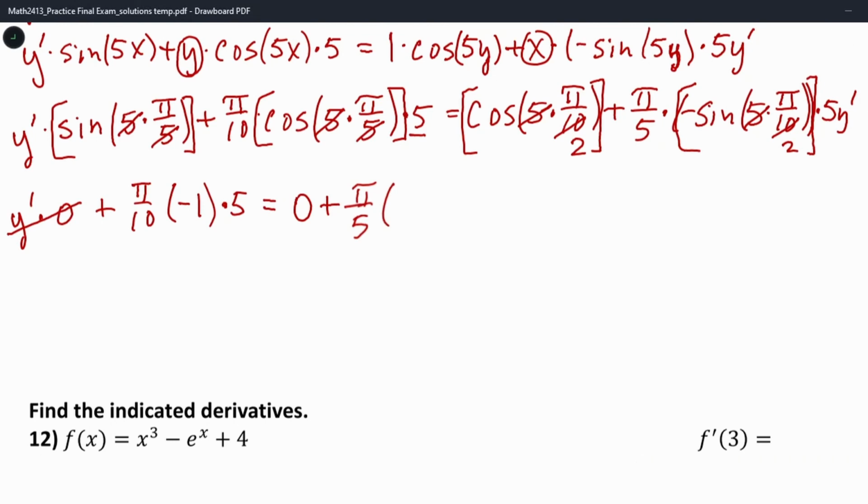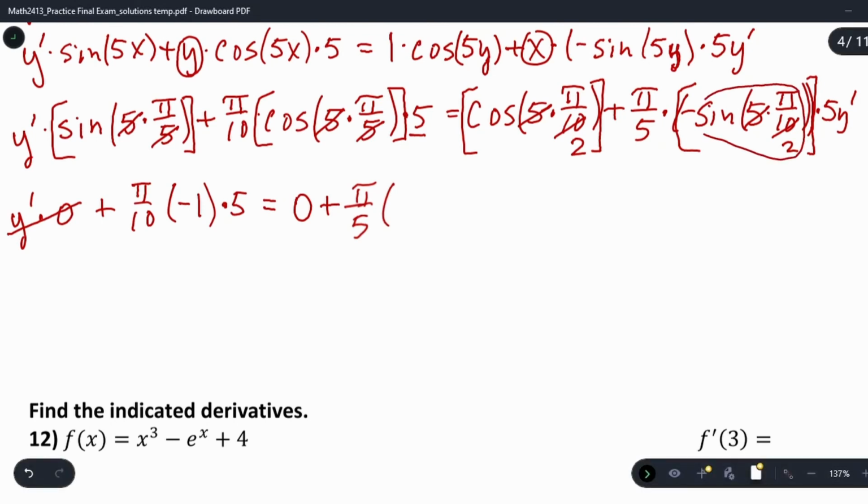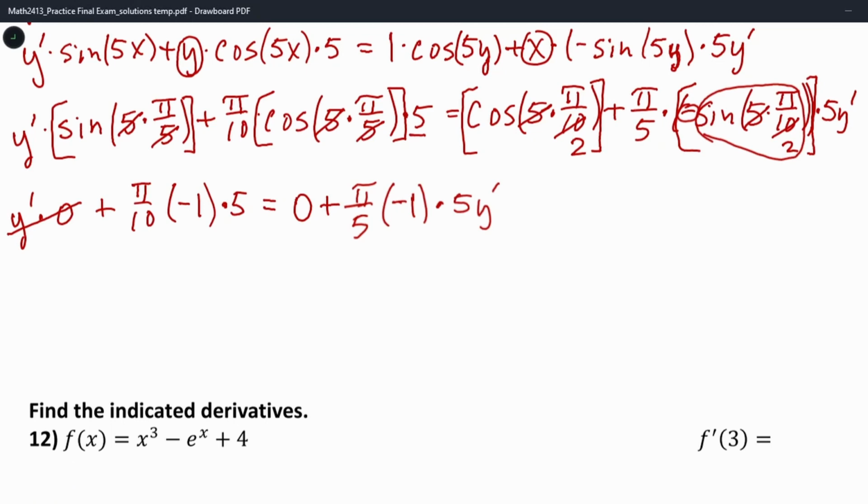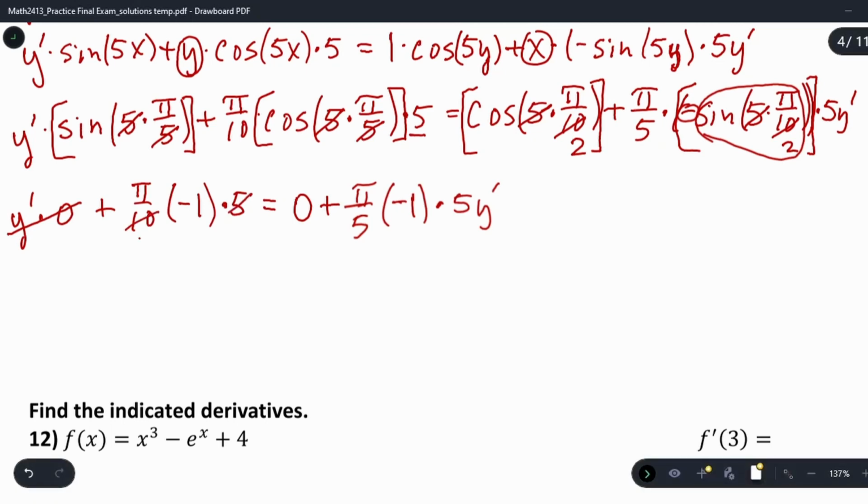Now, sine of pi over 2 is 1, and then that negative will make that negative 1 times 5y prime. Alright, next step. 5 goes into 10 2 times, giving us negative pi over 2. On the other side, these 5's cancel, giving us negative pi times y prime.